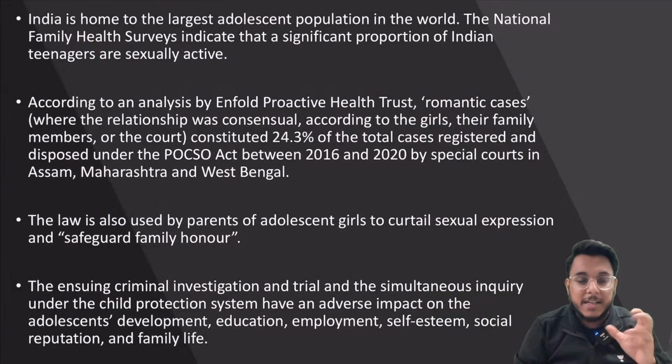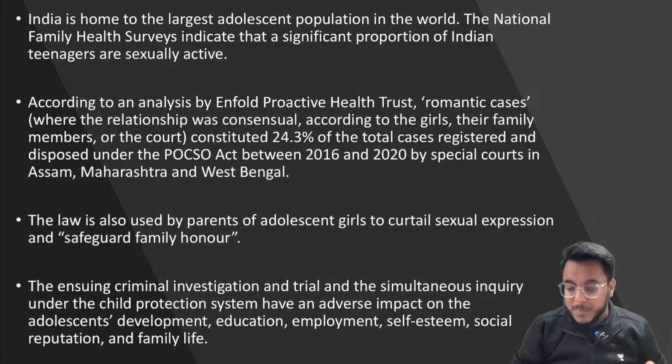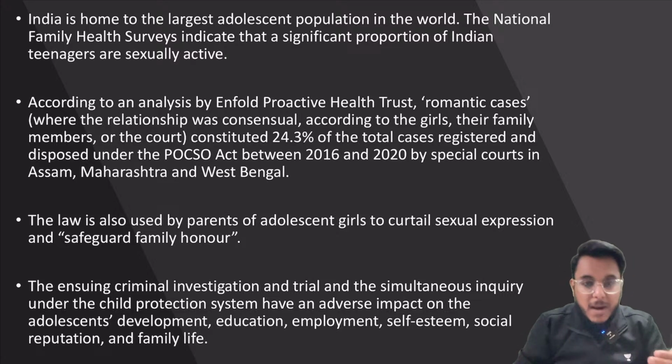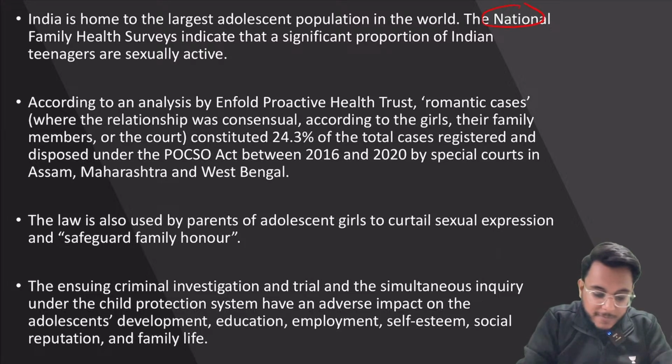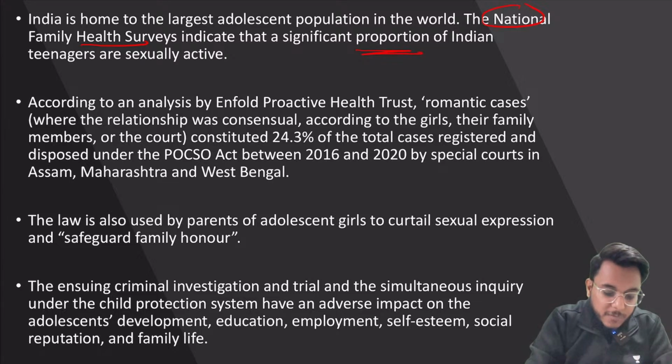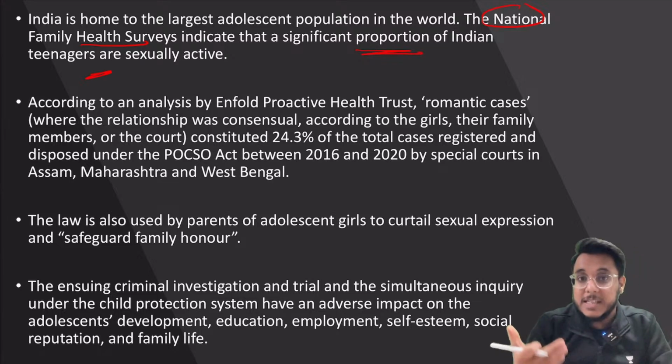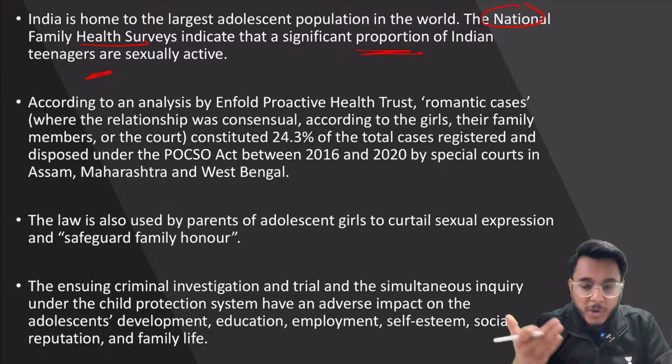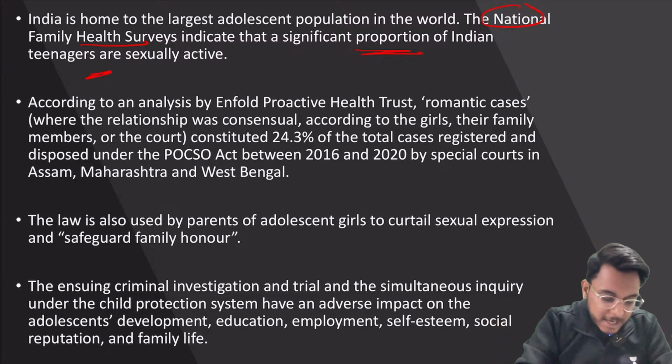Now let's understand certain facts in this direction. Basically, guys, it has been provided by multiple reports. For example, the National Family Health Survey has indicated that a significant proportion of India's teenagers, that is the people aged 14, 15, 16, 17 years, are sexually active.